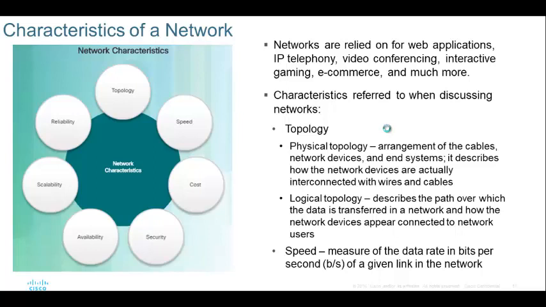So when we talk about network, it is responsible for various characteristics. Number one, it is providing a design, a physical design as well as a logical design. Number two, there is a speed determined by the network device. There is a cost involved. When you have a bigger size network, it is more costly. Security is determined.